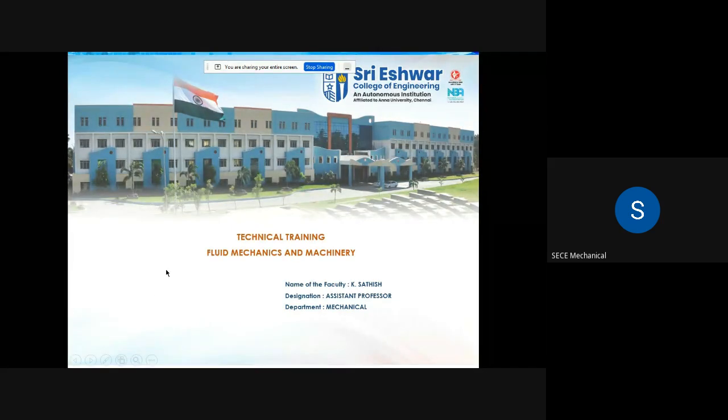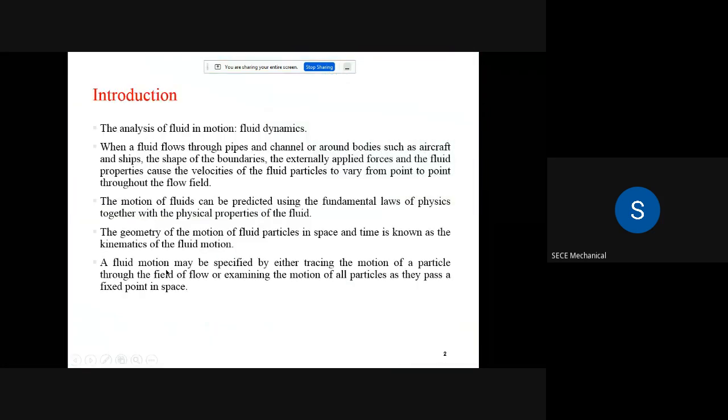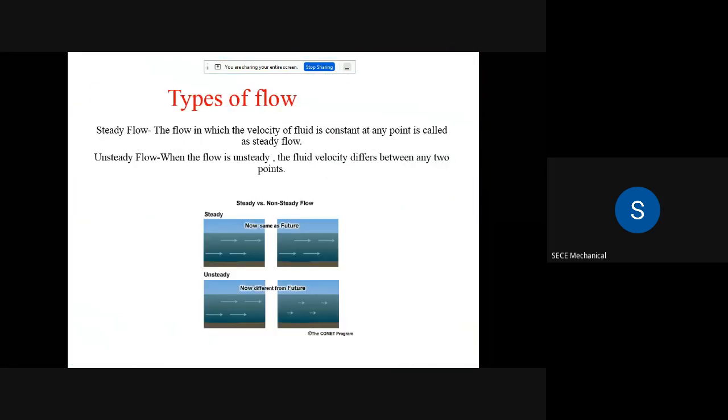Before going into the kinematics of fluid flow, first let me cover the different types of fluid flow, right?